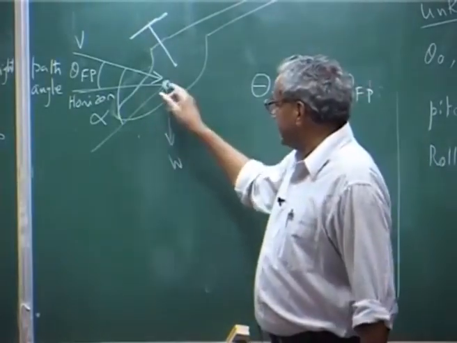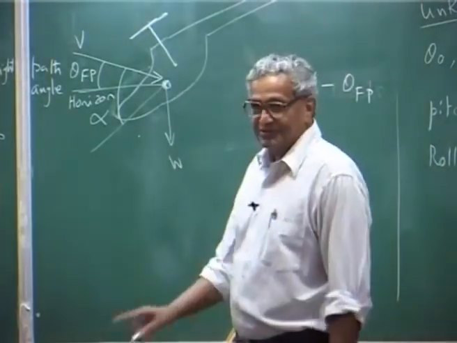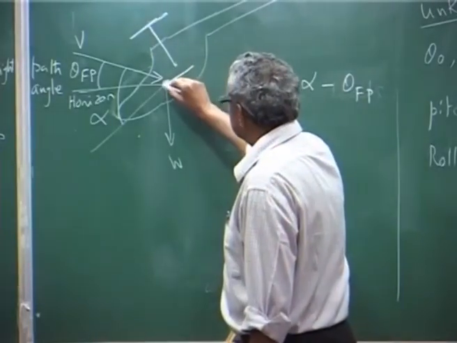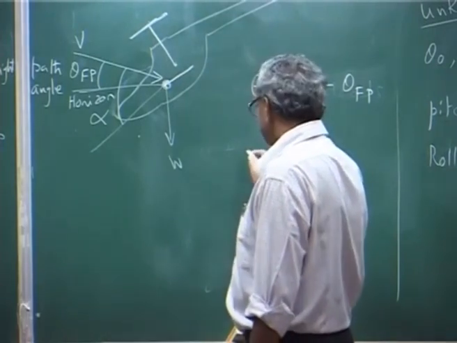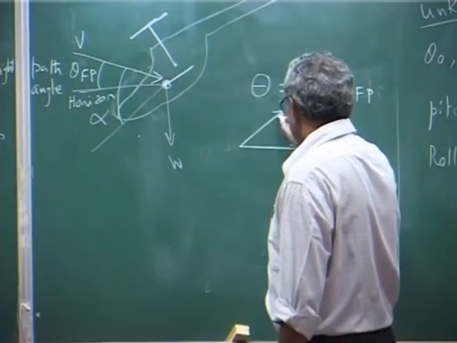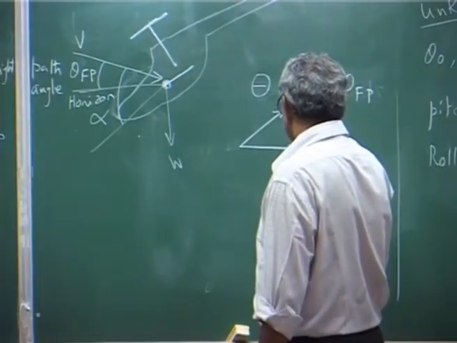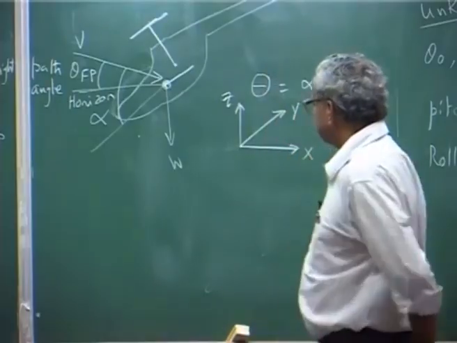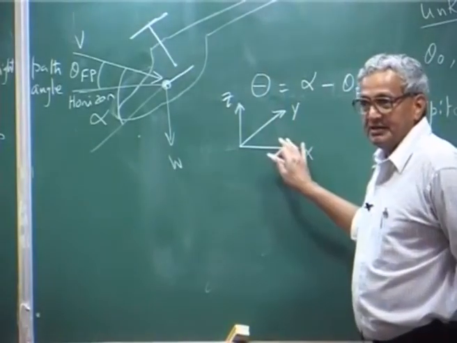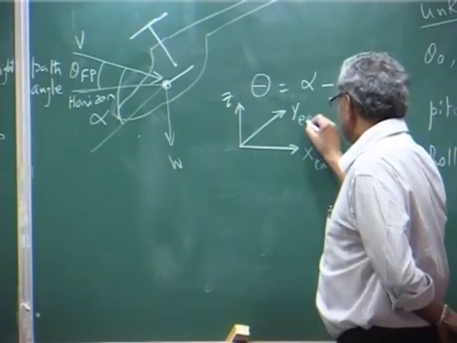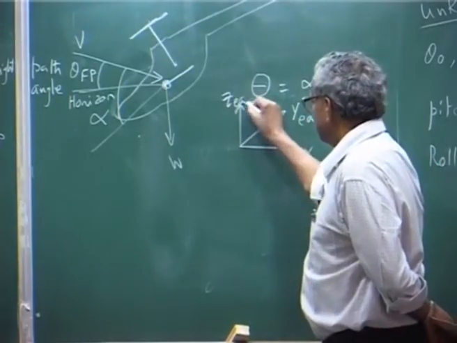Now, this reference line, so I will fix 2 coordinate systems. One is the earth coordinate system, which you may have x, y and z. These are the earth system, you may have x EA, y EA, z EA.